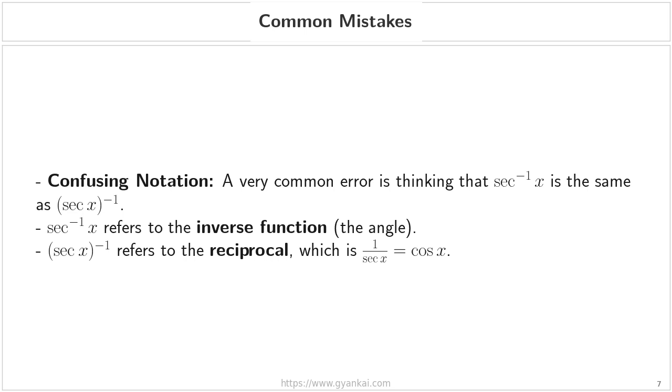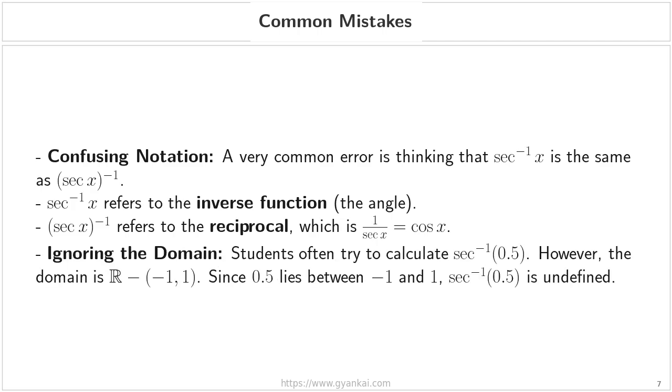Please be careful here. The inverse secant of x refers specifically to the inverse function, which provides us with an angle. In contrast, secant x to the power of -1 refers to the reciprocal of the function, which is 1 over secant x. And as we know from our earlier analysis, this is simply equal to cosine x.